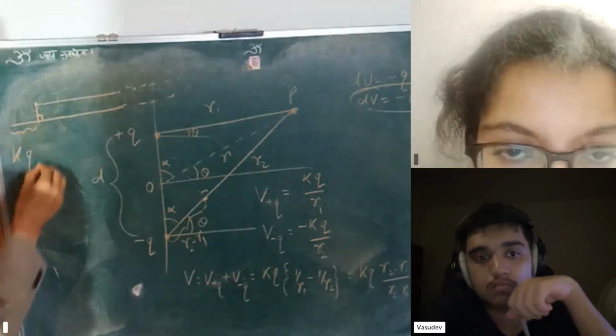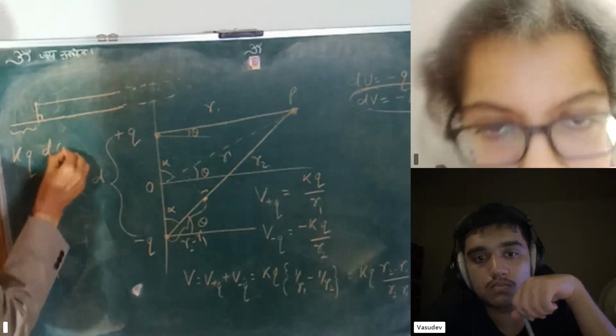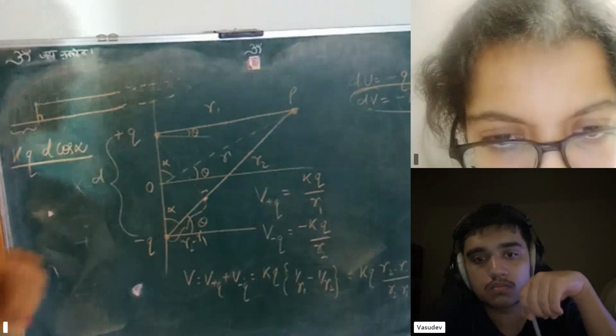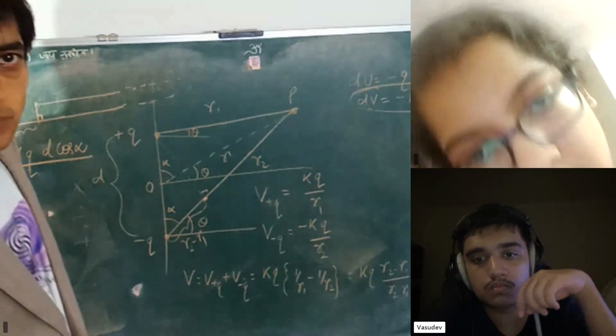KQ as it is, d cos of the angle alpha, divided by now R1 into R2.